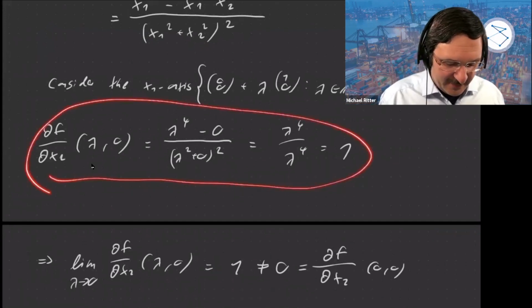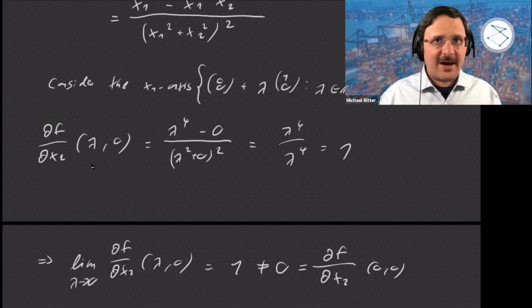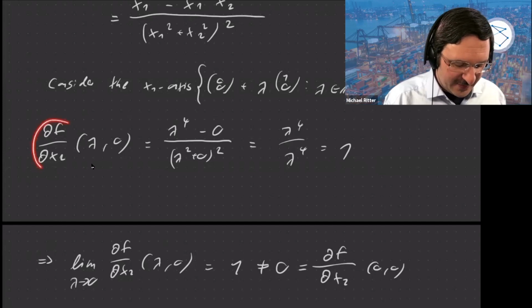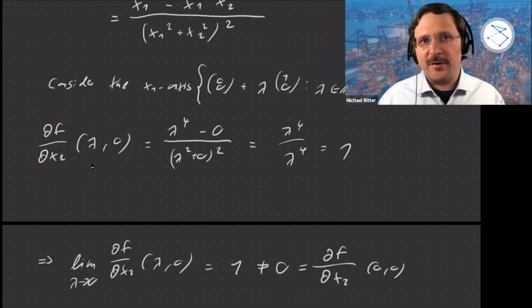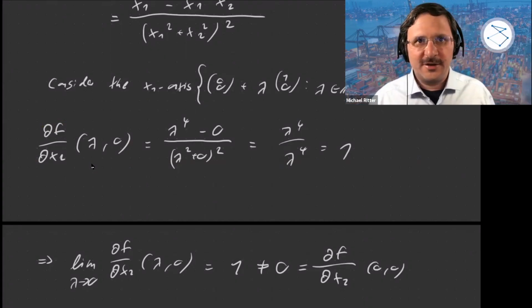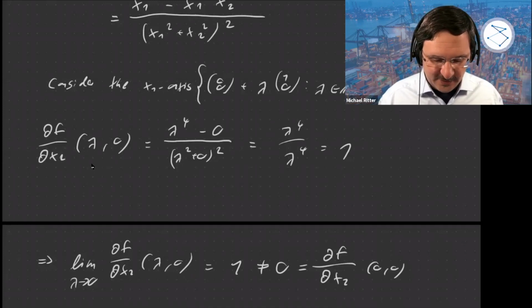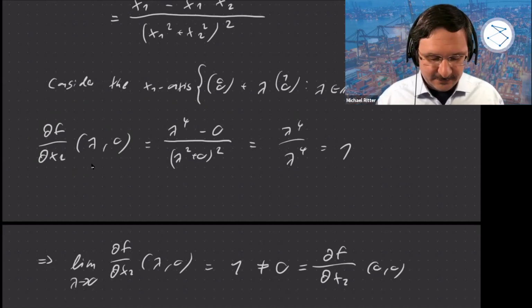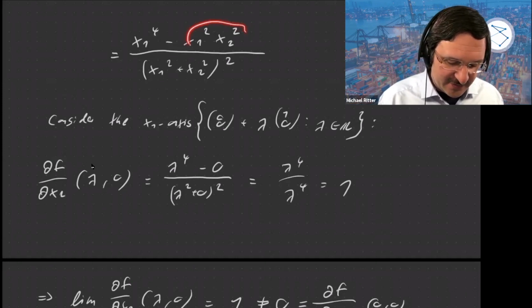Basically, the idea here is to find a line or a path or any sequence such that that function df dx2 along that line does not converge to 0 as we get close to the origin, because we want to show that there is a jump, that it is not continuous at that point. And we know the function value at 0 is 0. So we're looking for some line where the function value is not 0. It just turns out that if you set x2 to 0, you get rid of this term here.